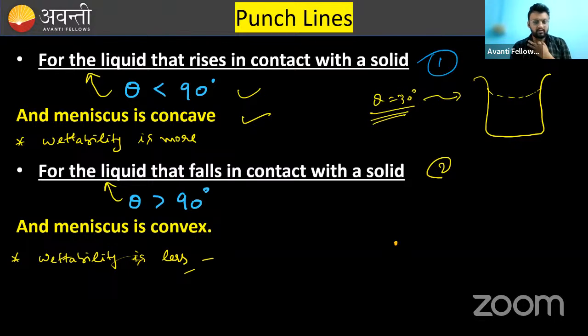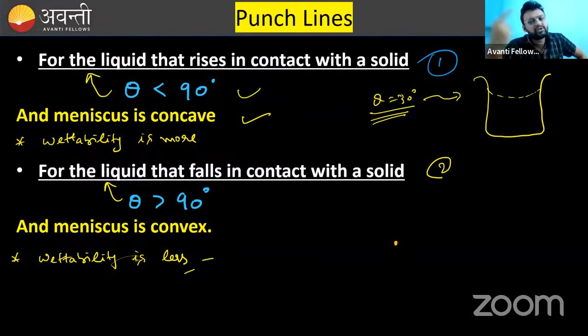Okay. Moving further. There are some standard values you should remember. For pure water with clean glass, the angle of contact is 0 degrees. This is a fact you can remember.